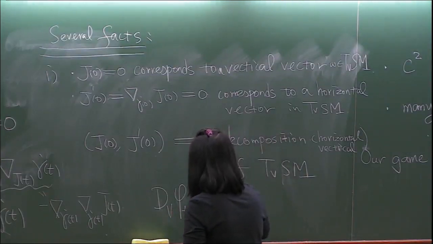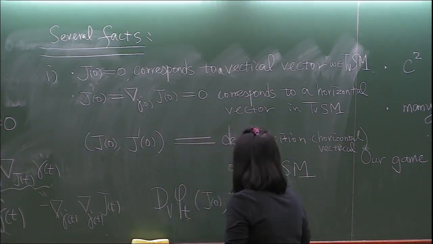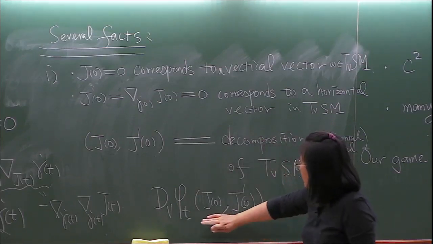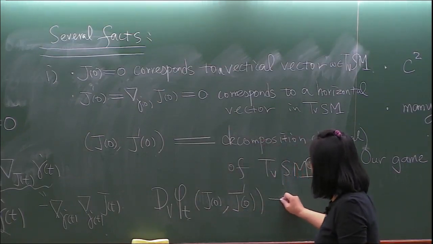What is that? Actually, you can show this. The tangent map will map this tangent vector to what?